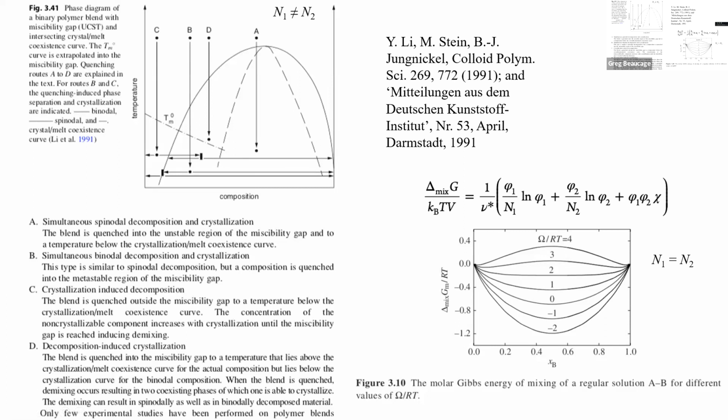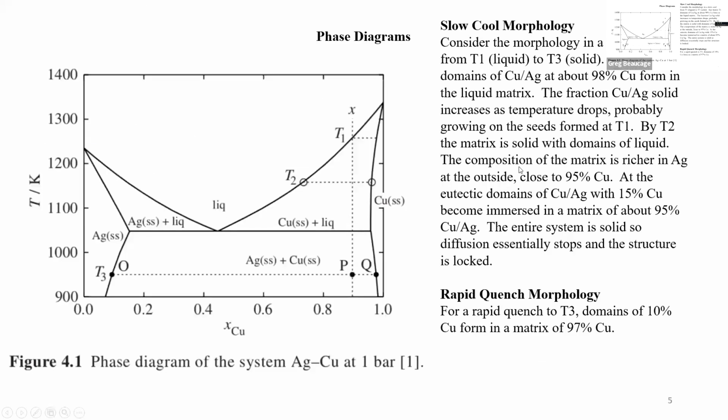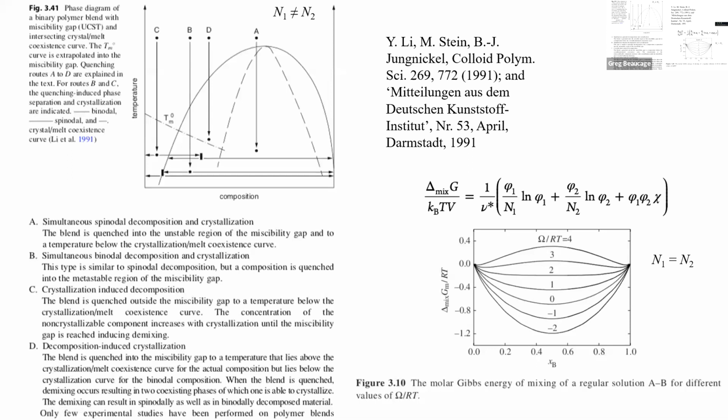So this phase diagram can be constructed directly just from a simple Hildebrand equation, right? So the question is, how do you get something like a eutectic phase diagram? Now you have this simple mixing model with this kind of regular solution equation with the log terms in composition, then you add in an enthalpy term.